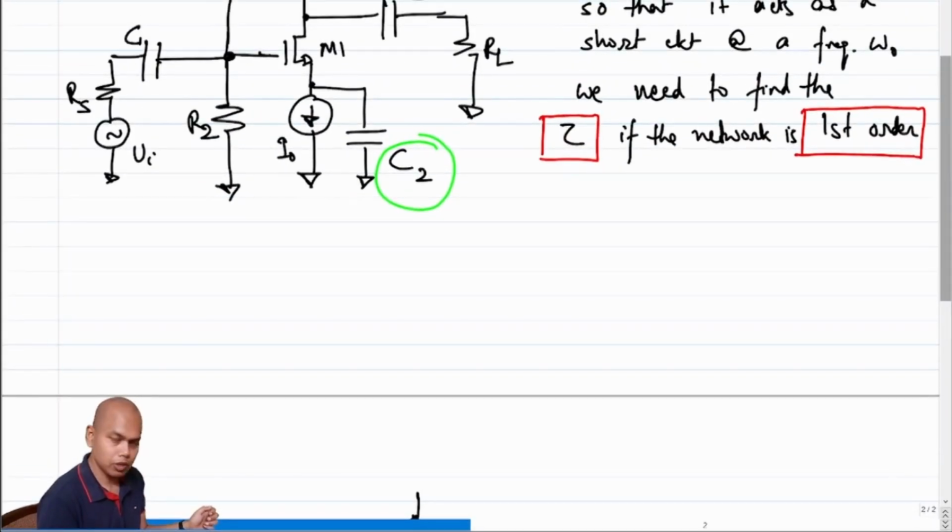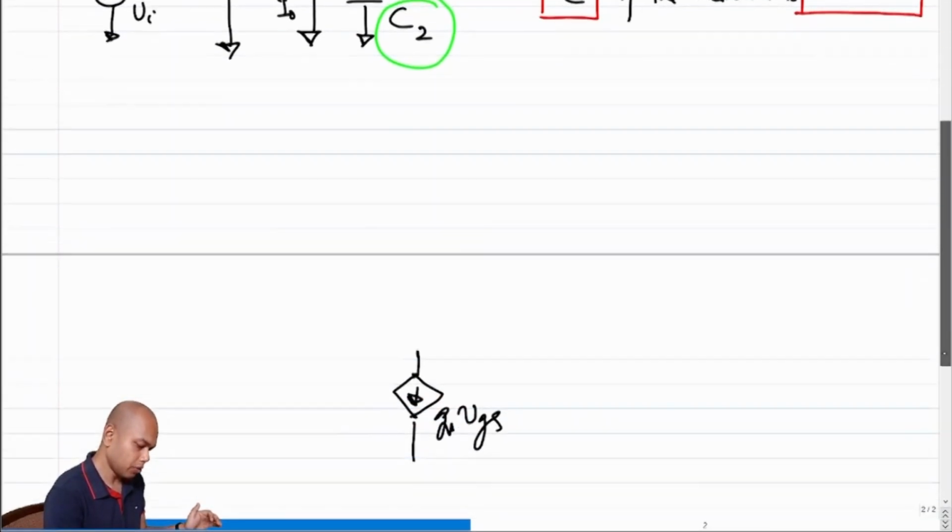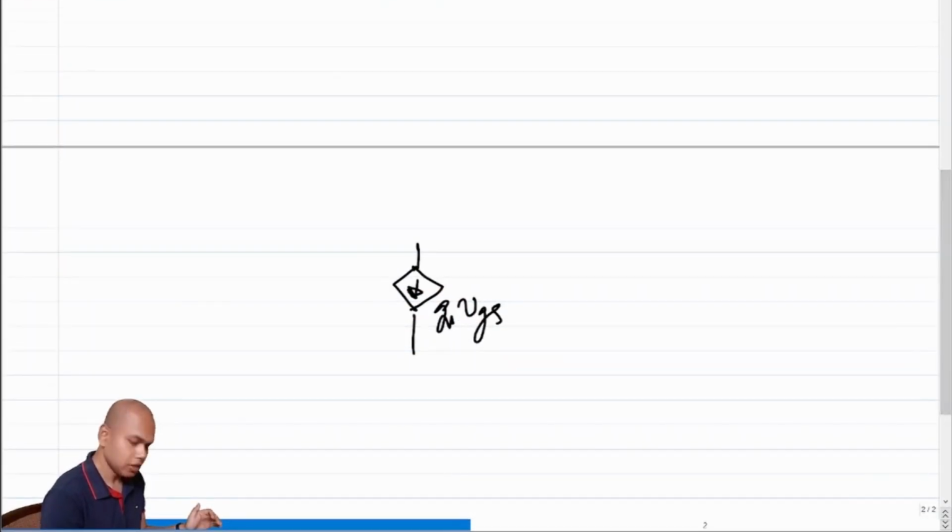What is the source of the MOSFET? Note that the current source I0 goes to infinity in the incremental model, so I am left with only C2. I am not replacing C2 with a short circuit because we are trying to figure out the time constant associated with C2, so I am keeping C2 as is.